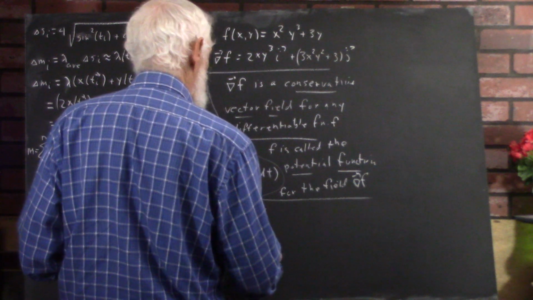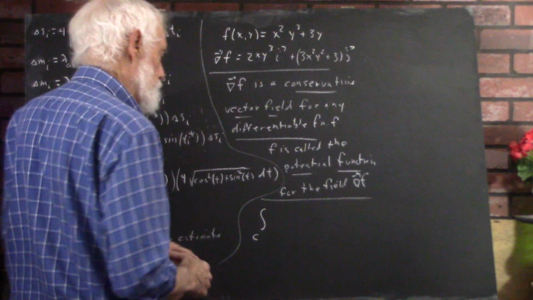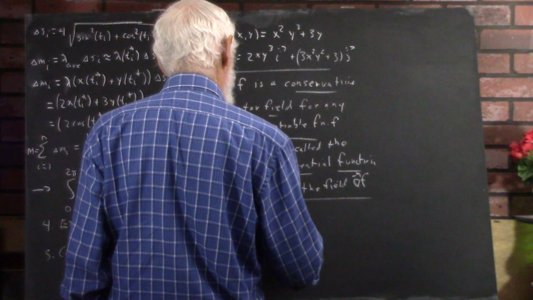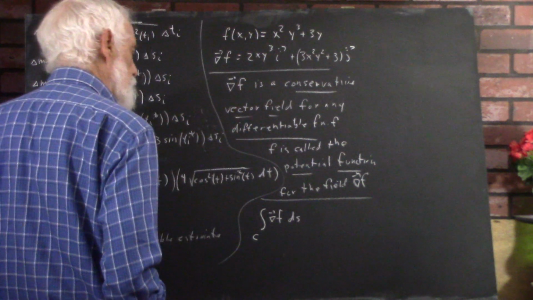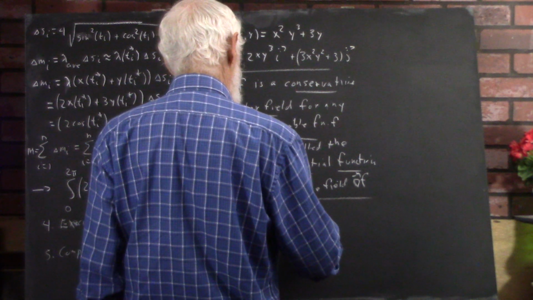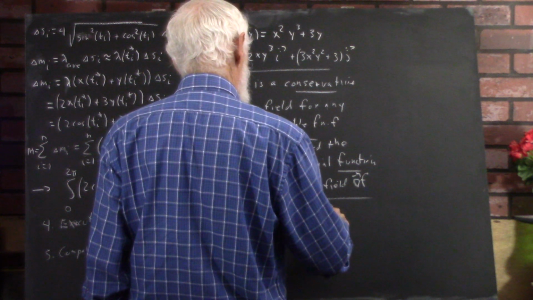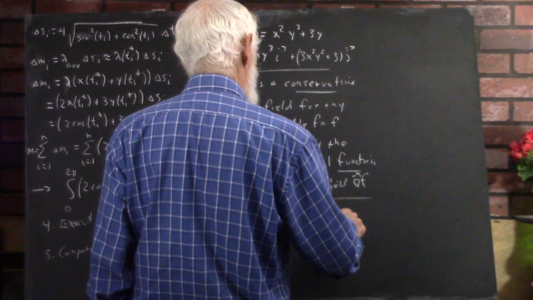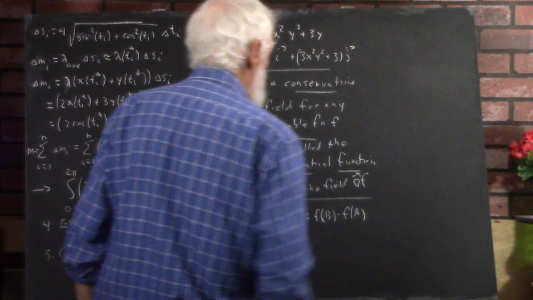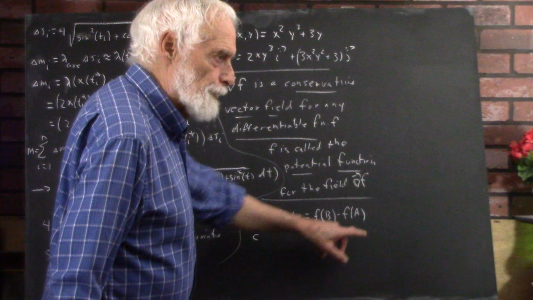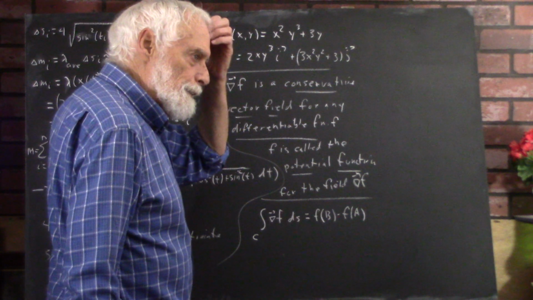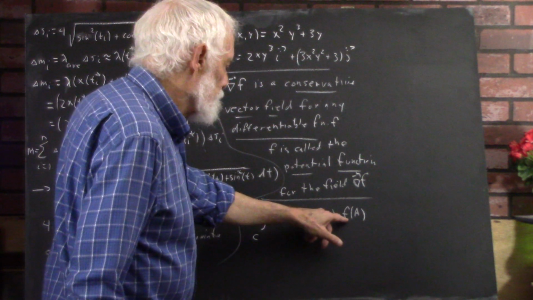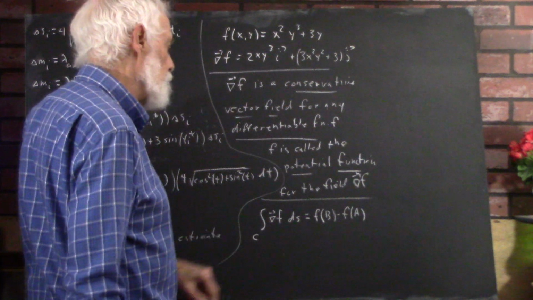The integral over C, where C is a path, of del f ds equals f of b minus f of a. This looks a lot like what you do with an antiderivative. And in fact, the function f acts like an antiderivative of the function del f.